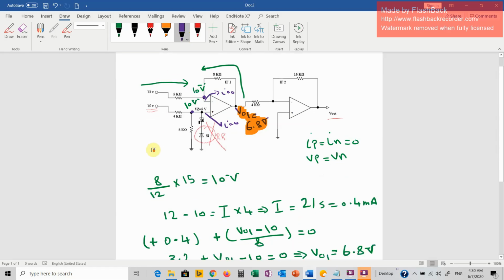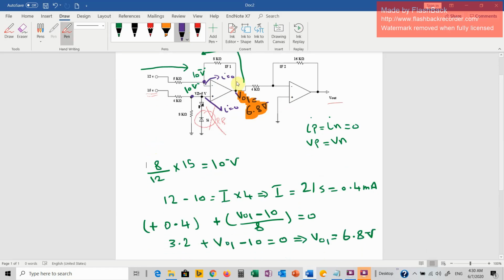Now here we can see this operational amplifier, and obviously this is grounded, so the voltage here is basically going to be 0. Since the voltage at this point is equal to the voltage at this point, that means here we have 0.